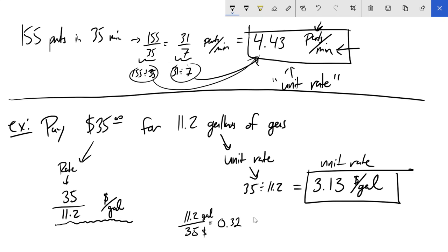If you divide the other way, it's not wrong, it's just different. The 3.13 is dollars per gallon. If you divide the other way, you get 0.32, but gallons are on top and dollars are on the bottom. It's gallons per dollar. What is that telling you?